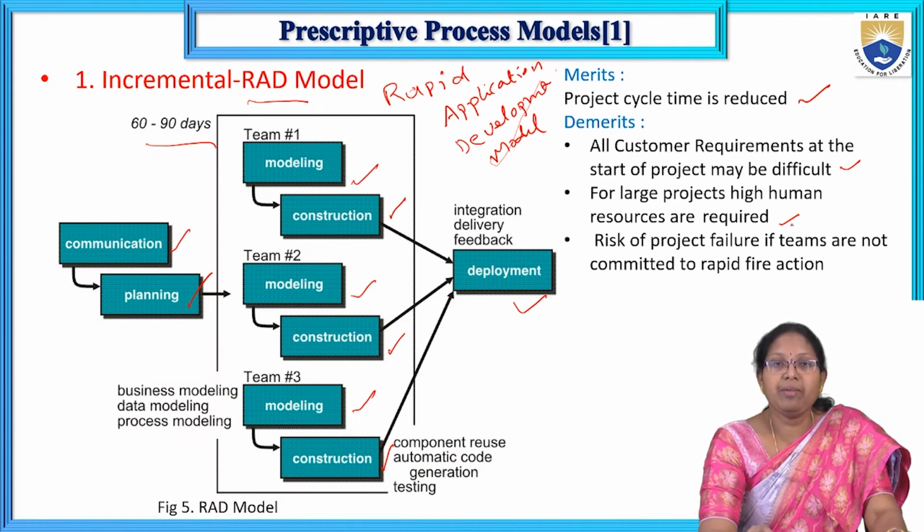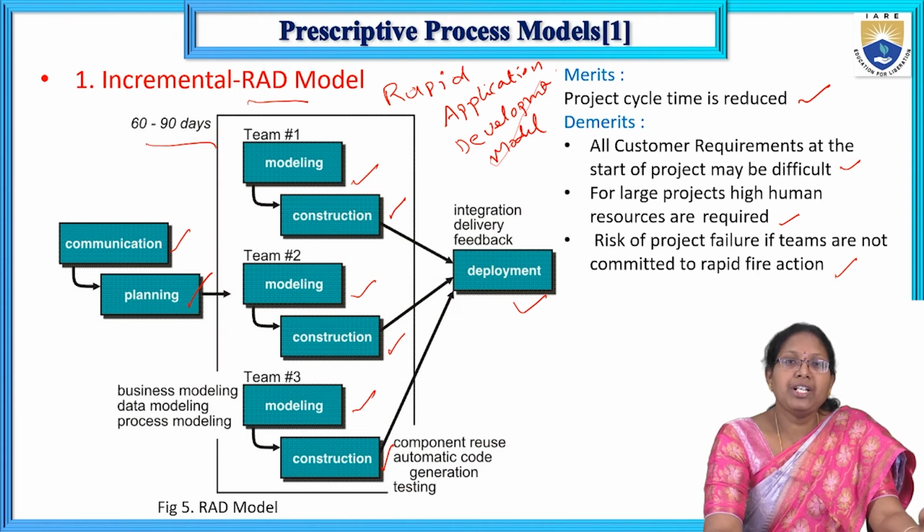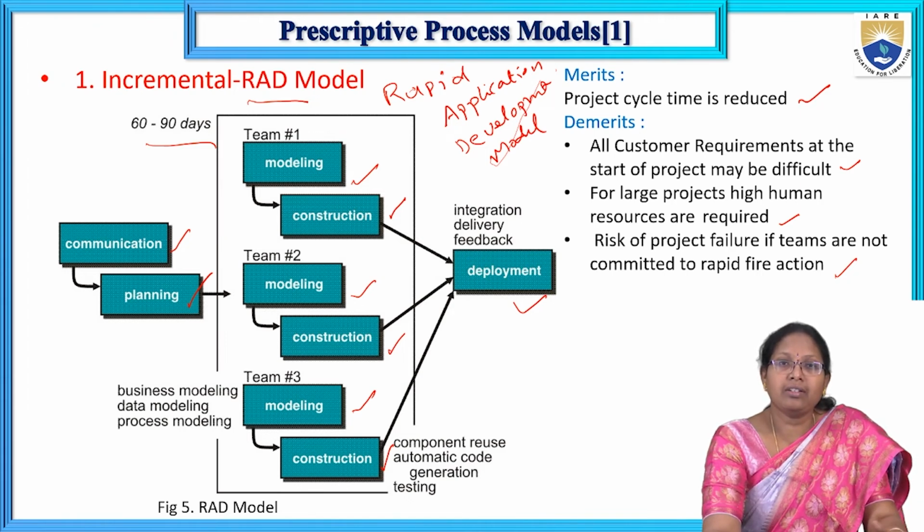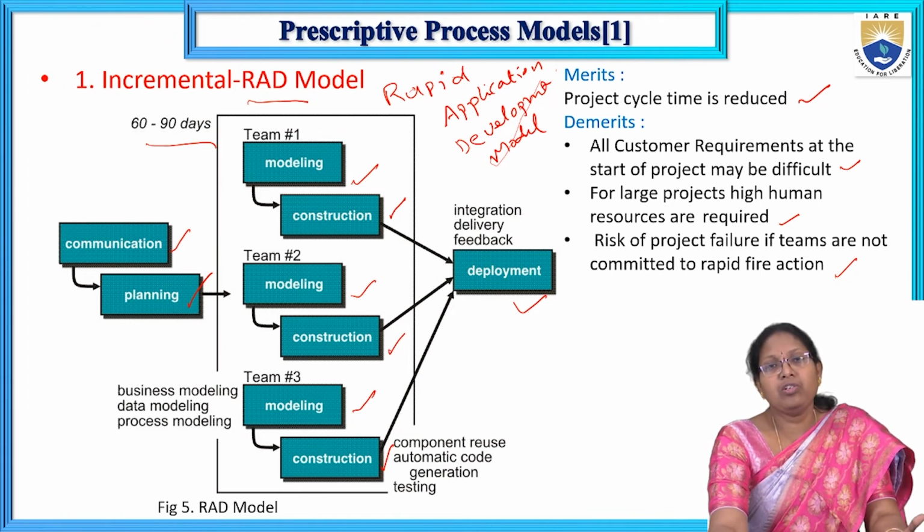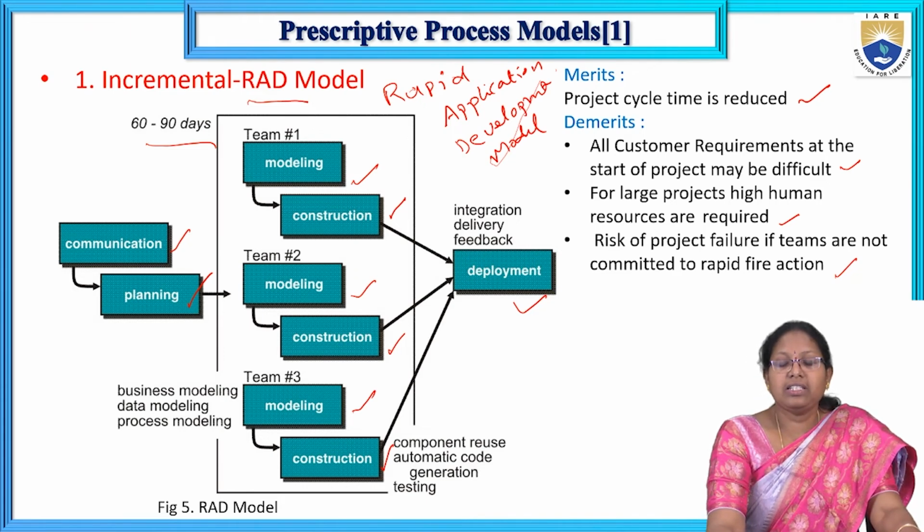That is also one of the demerits. Next is the risk of project failure if the team does not communicate and take rapid action. That means if action is not taken immediately whenever failures occur, risks also occur in the project development.